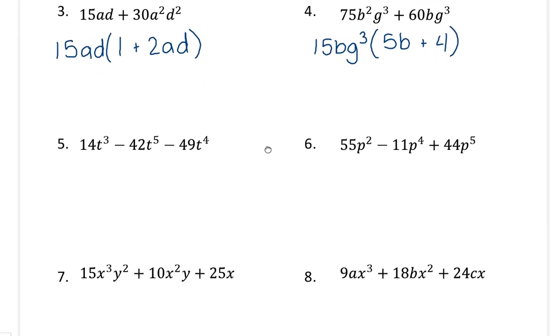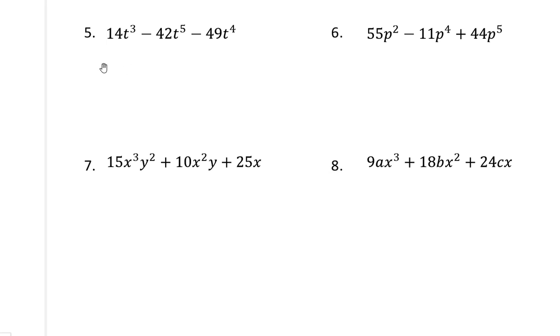Okay, let's look at number 5. We have 14, 42, and 49. The greatest common factor there is 7. We have t to the third, t to the fifth, t to the fourth. The smallest exponent, so t to the third, is going to come out.